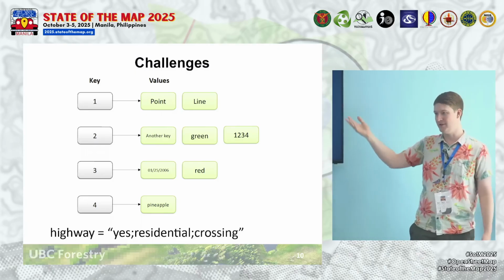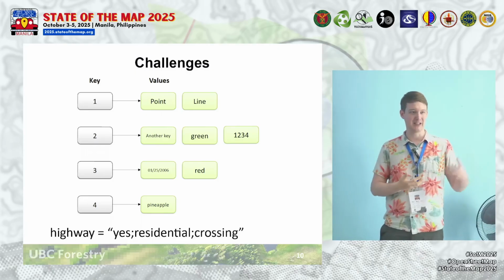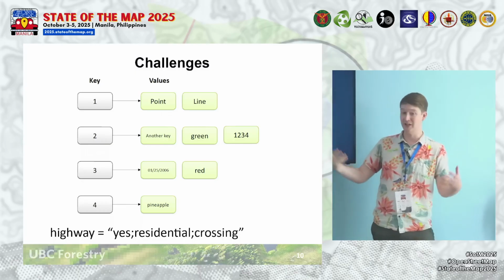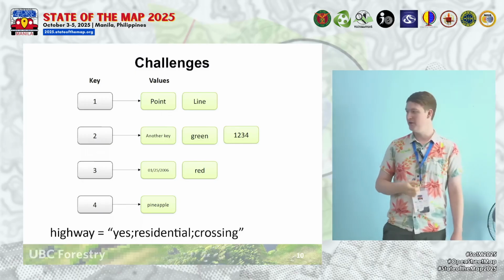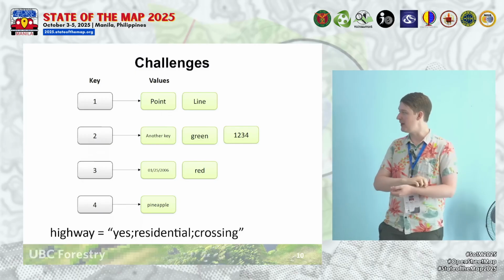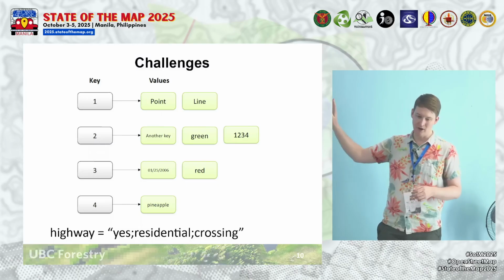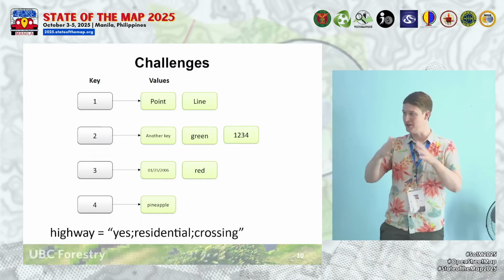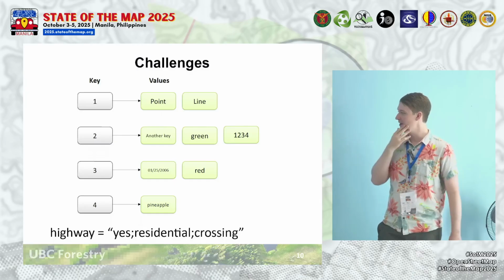You could theoretically store different geometries under one key, or you could mix and match different data types under a key. You can even put a key inside of a key, right? This is not necessarily groundbreaking for somebody who studies computer science, but if you're teaching all the other basic intro-level GIS stuff with points, lines, and polygons with attribute tables, then this becomes kind of unusual.